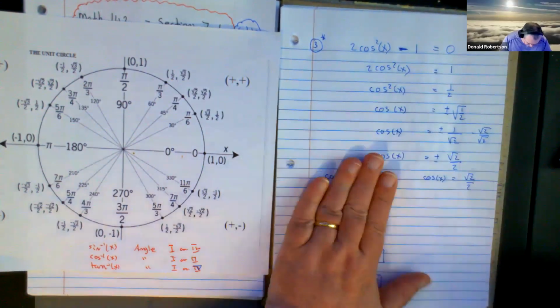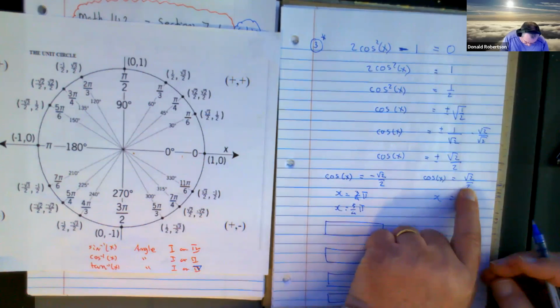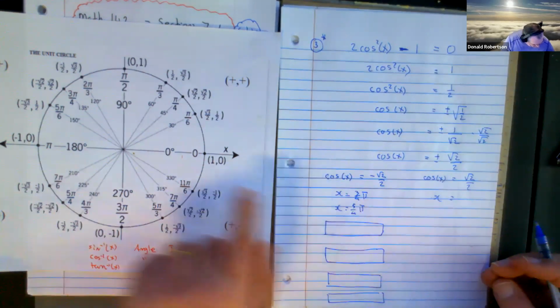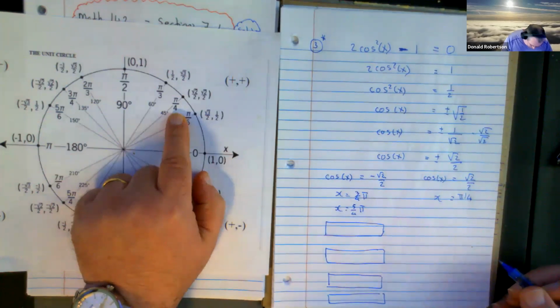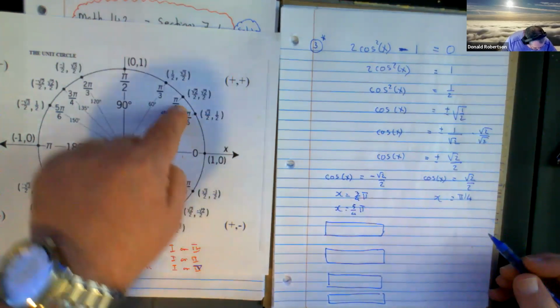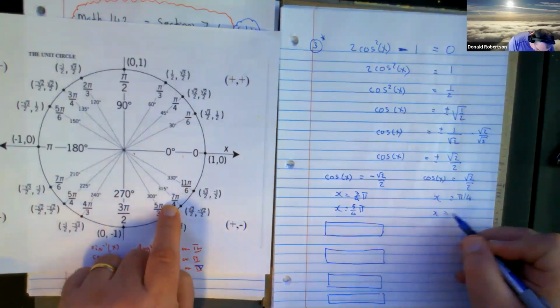Now forget about that guy and focus here. Well, there's a place where the cosine is root 2 upon 2. It happens to be π/4. And there's another one, and the other one is way over here somewhere, and that's 7π/4.